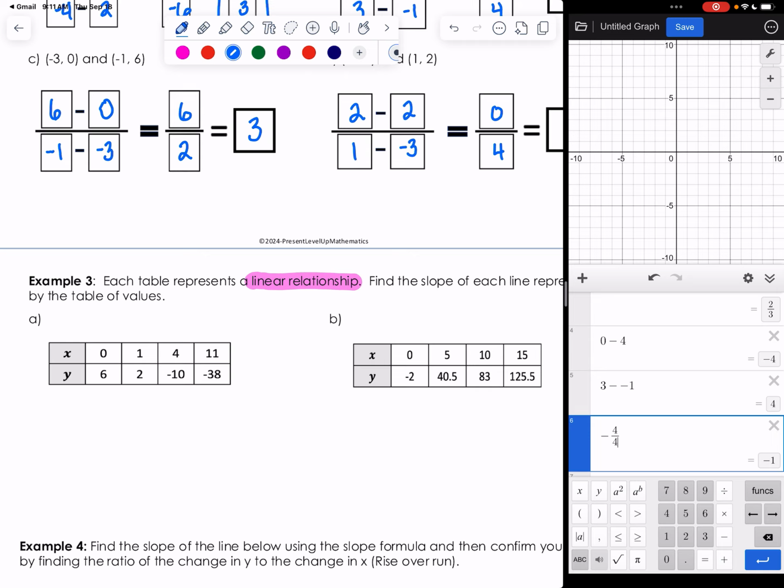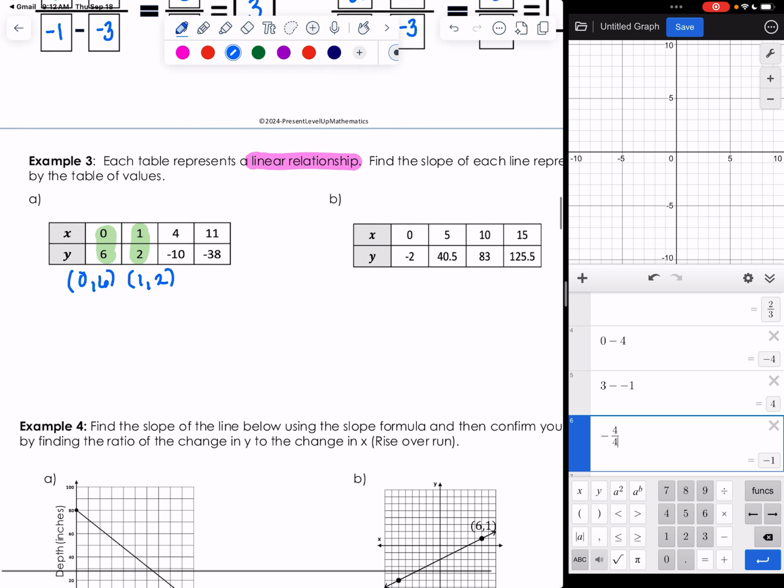To me, in this problem, it's fairly easy to find 2 friendly values, (0, 6) and (1, 2). So what I'm going to have you do now is write them down side by side, (0, 6) and (1, 2). Once you have them written down, you can use your slope formula to find the slope.